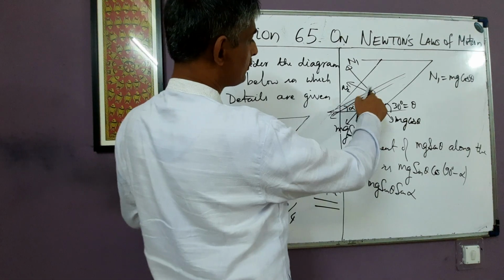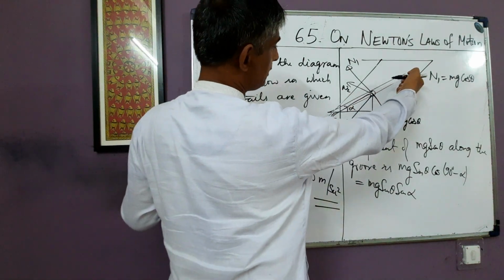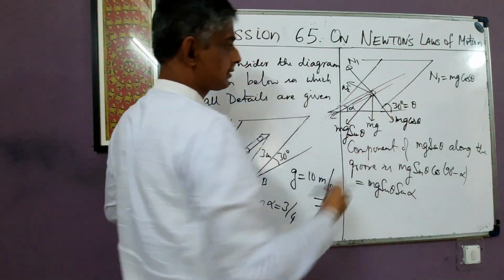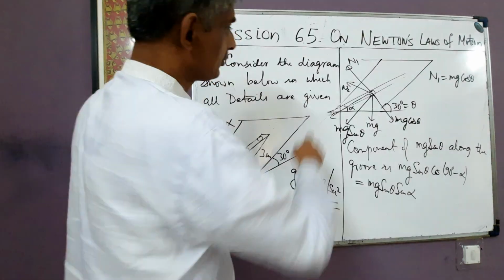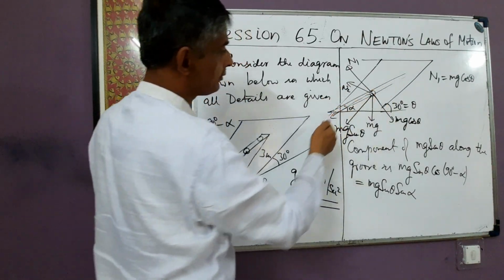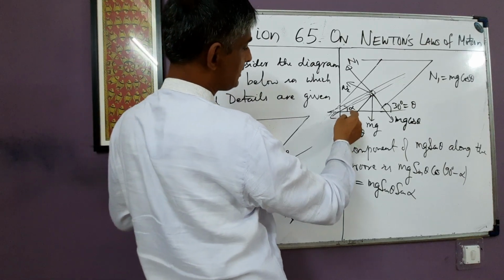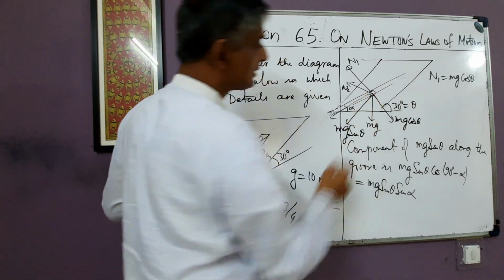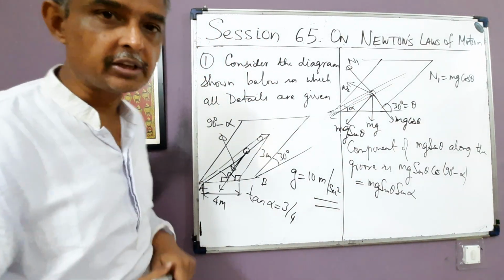Now there is one more force N2 on this particle, which the vertical face of this groove exerts. Now this N2 will just cancel the component of mg sin theta normal to this groove. That is mg sin theta sin 90 minus alpha. I suppose it is clear what I am saying.